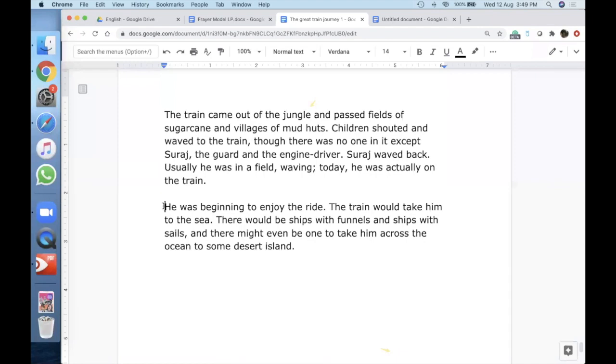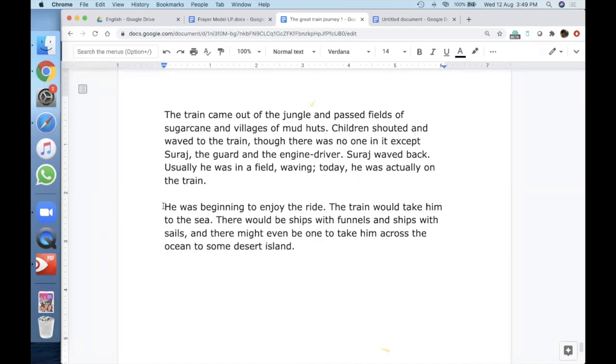Who wants to read this paragraph? Aishwarya? You can unmute your mic. Yes, sir. He was beginning to enjoy the train. The train would take him to the sea. There would be ships with funnels.